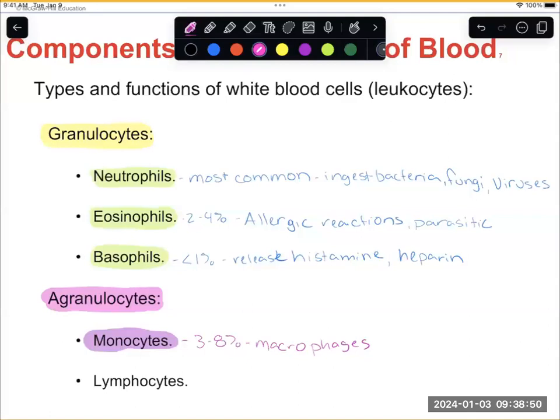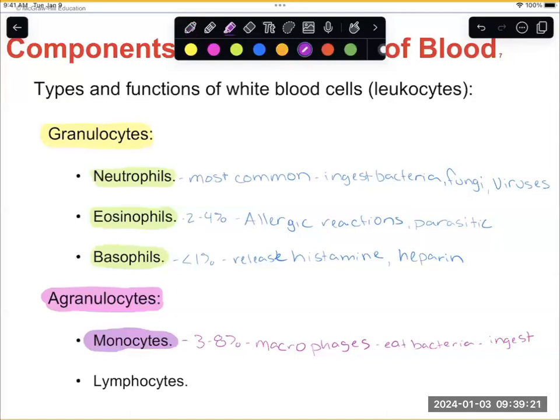Macrophages engulf, so they eat bacteria. And they ingest them and break them down. They also engulf dead neutrophils. They're going to engulf dead cells and tissues. So they just ingest things and break them down.